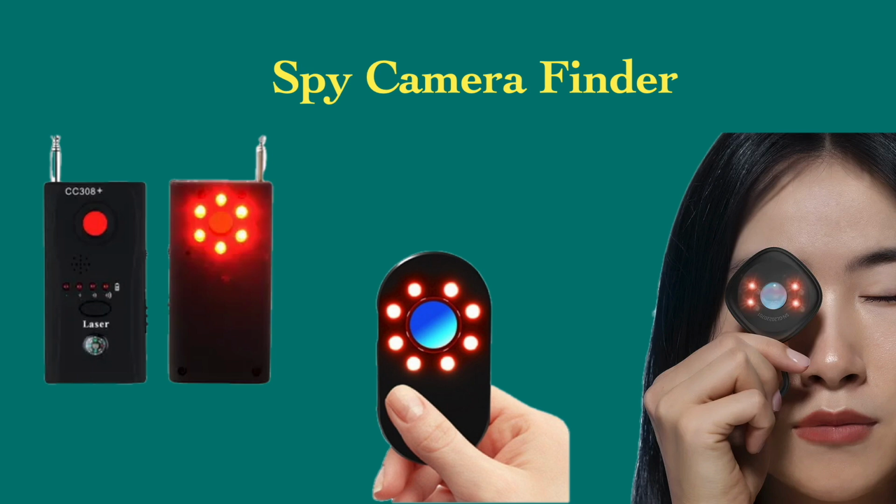So while looking through the viewer, you will be able to see camera lenses in the investigated space, as the lenses will blink at the same velocity as the infrared blinking light of the device.